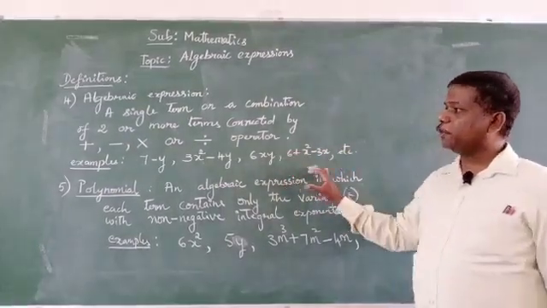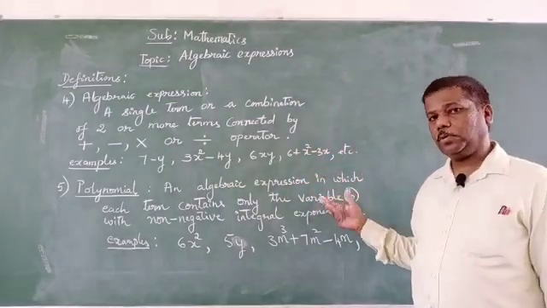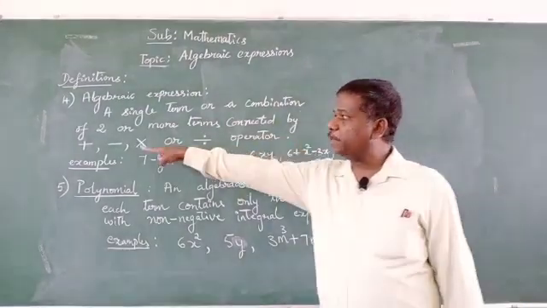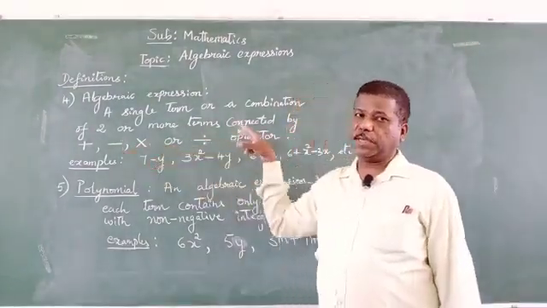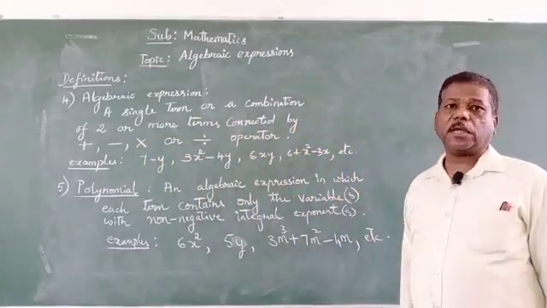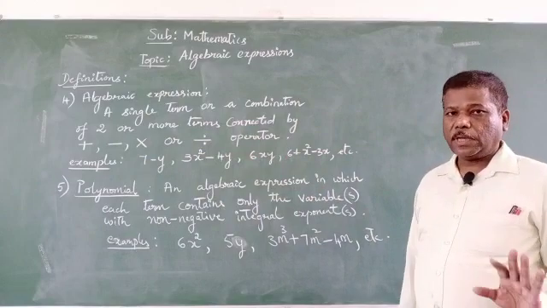All these combined together, two or more than two terms combined with the operators plus, minus, multiply or divide, this entire thing will be considered as one algebraic expression. Have you got it?